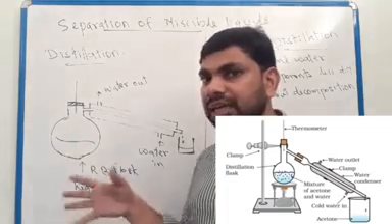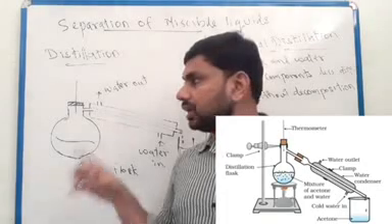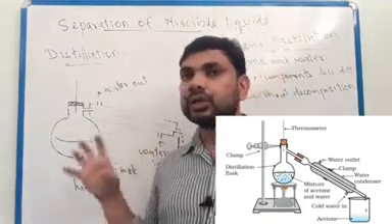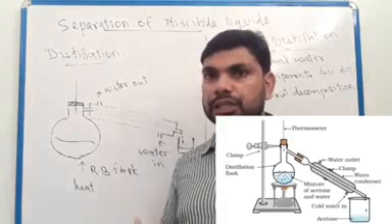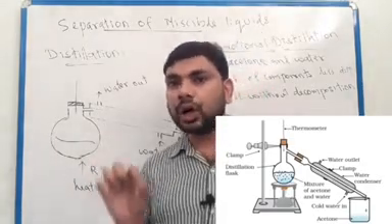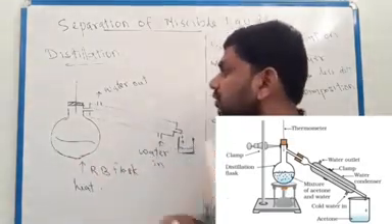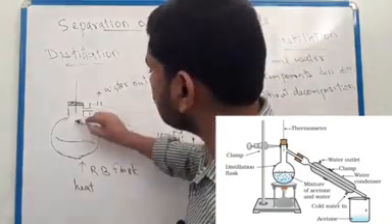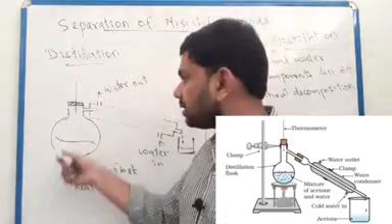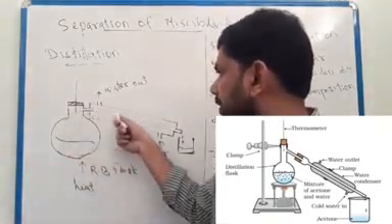After heating the mixture, which has two or more components, the component with a low boiling point will change to vapor, and this vapor will come over here.